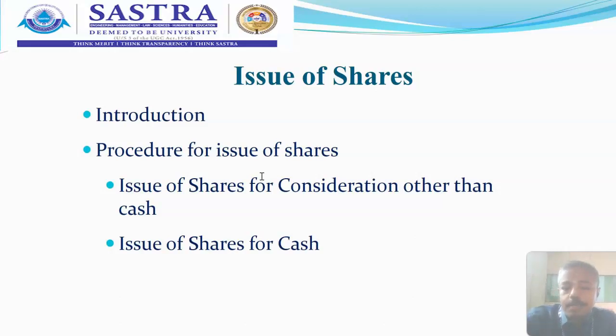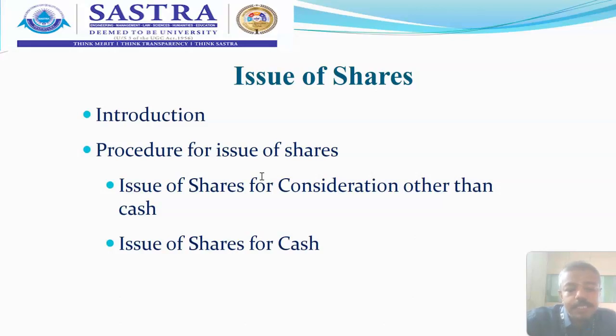Any allotment of shares against which cash is not to be received is called issue of shares for consideration other than cash. For example, a building is purchased and payment is made by issuing shares, since we do not have sufficient funds for the purchase of that particular fixed asset.